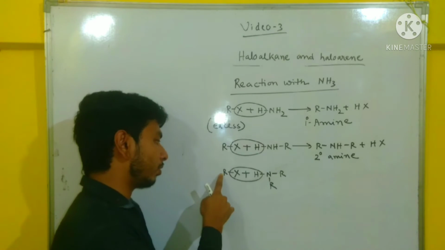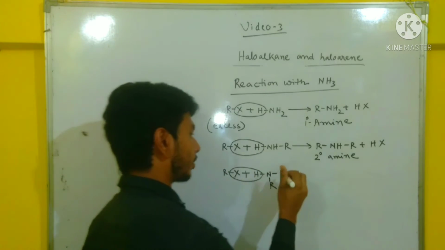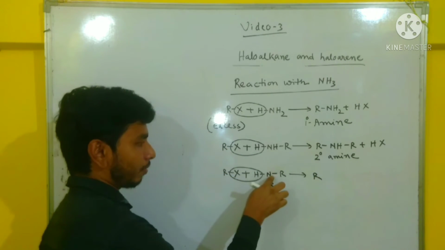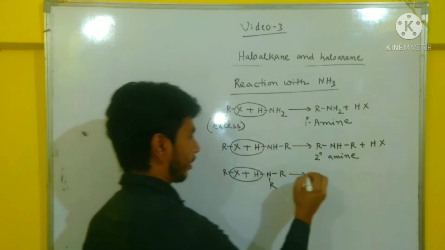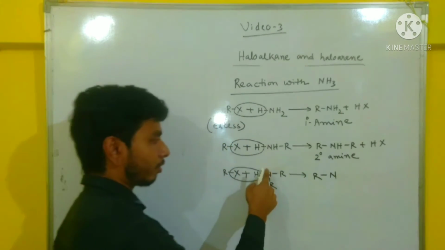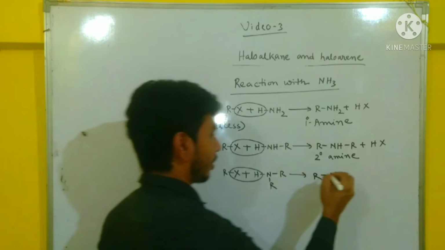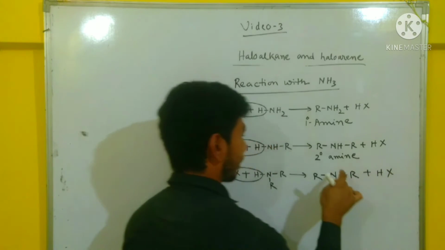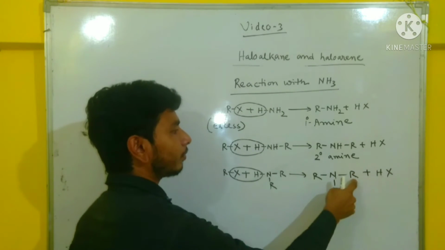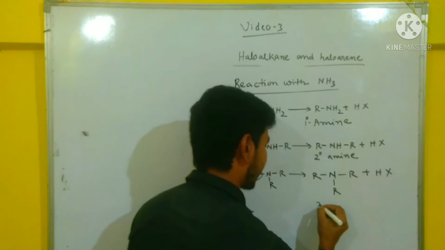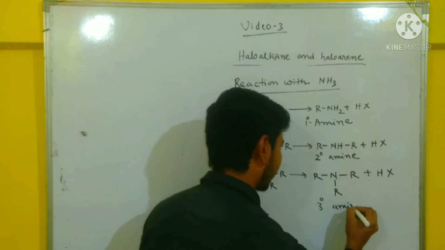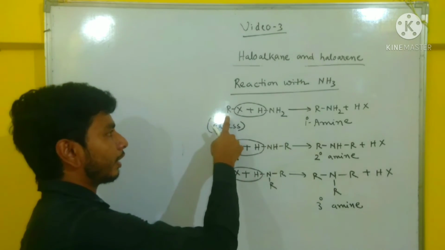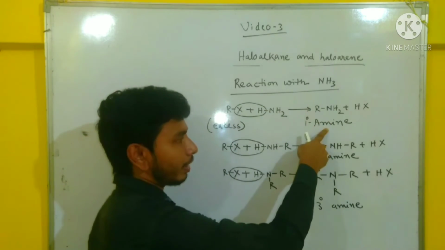Now this alkyl group will get bonded with nitrogen, so this nitrogen, which already has two alkyl groups, now has three alkyl groups, plus HX. So it is a 3 degree amine.